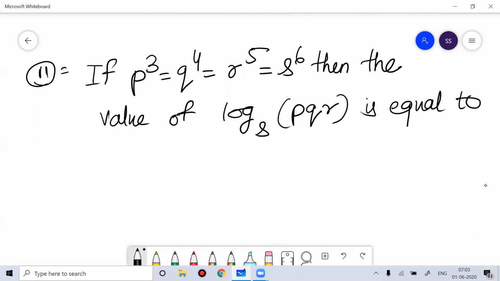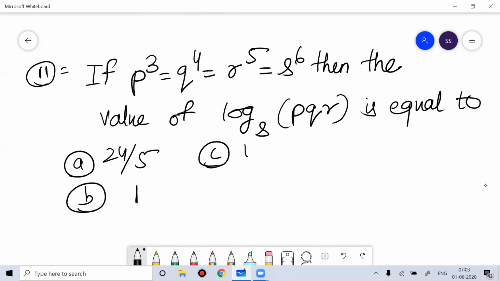The options are A 24 by 5, option B 1, option C 47 by 10, option D 16 by 5. Again, very easy question. I think everyone can easily solve this question.